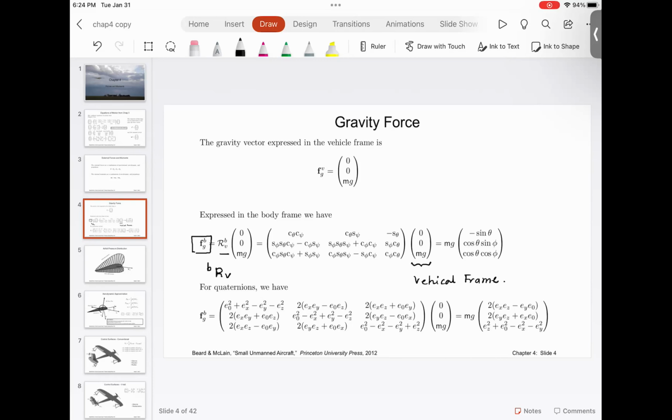Now, if you want to express the equation in quaternions, the direction cosine matrix, that roll pitch yaw matrix that I have shown over here, can be expressed in its equivalent quaternion rotation. Once again, a quick recap. The first frame is the inertial frame.